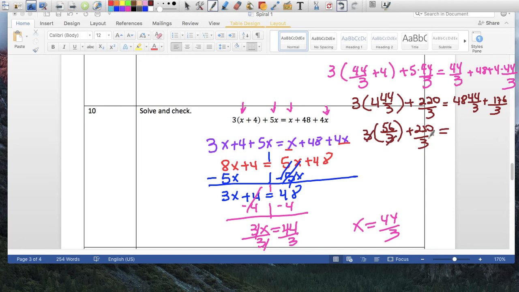This is going to be 56 plus 220 over 3, so 220 divided by 3 is 73 and 1 over 3.